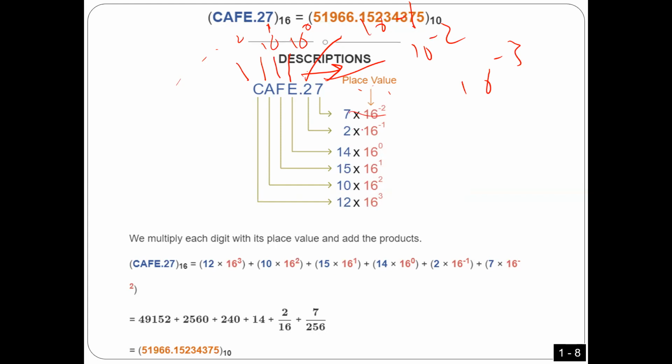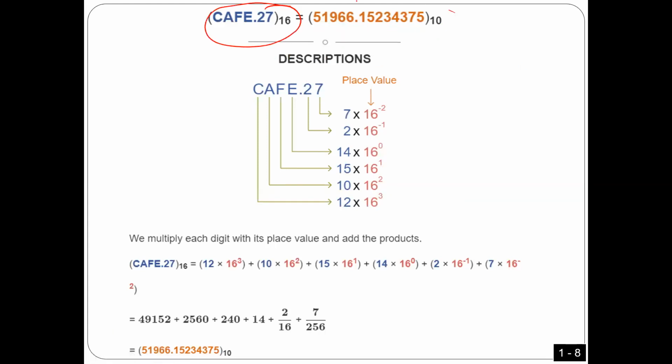And be careful here: C is actually 12, so I have to multiply 12, and A is actually 10, so I have to multiply 10 by the weight. Then add everything together, and this number in hexadecimal is equivalent to this number in decimal.